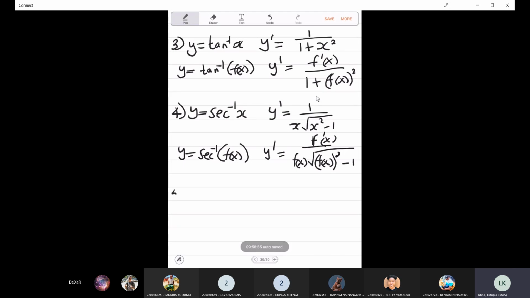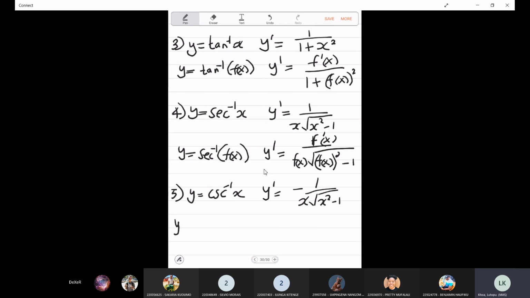And number 5, if y is cosec inverse of x, or arc cosec of x, then the derivative of this one is negative 1 over x square root of x squared minus 1. So again, you can see this is just the negative of that one. Just like the sine and cosec, they are negatives of each other. The derivatives look the same except for the sign.